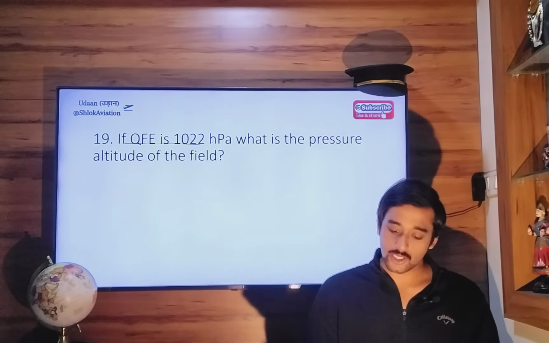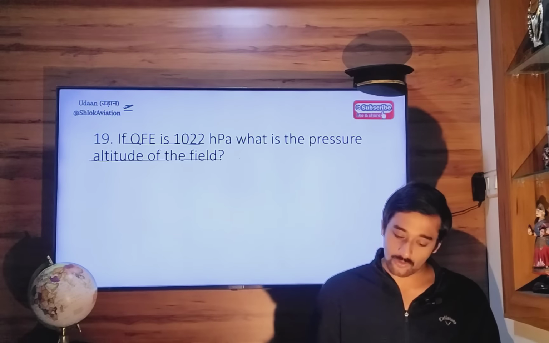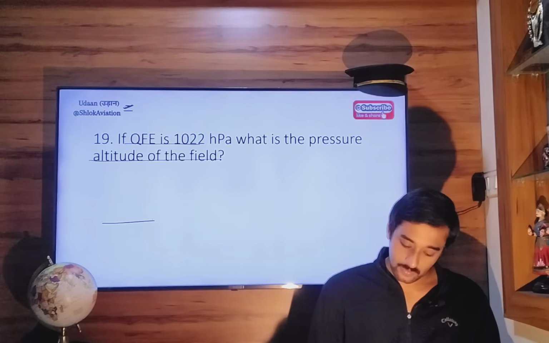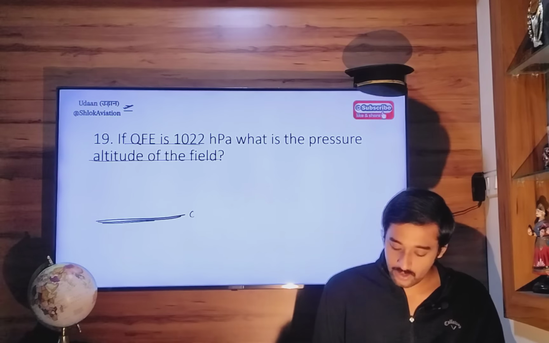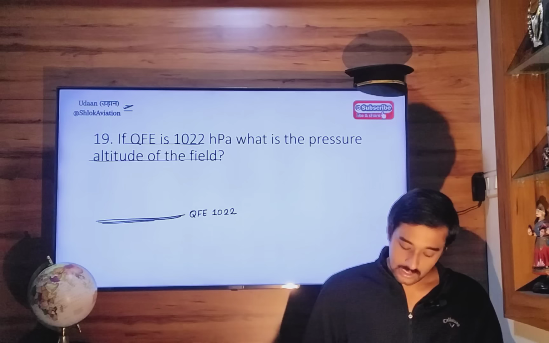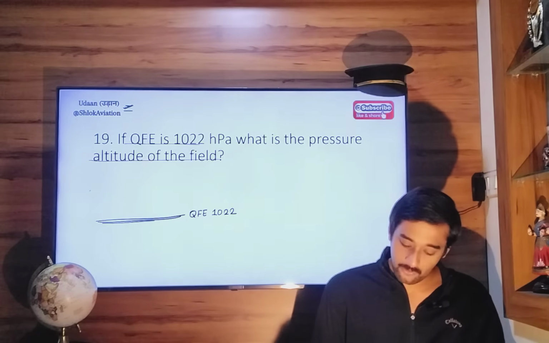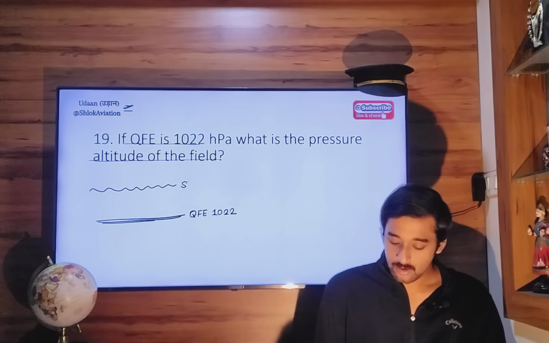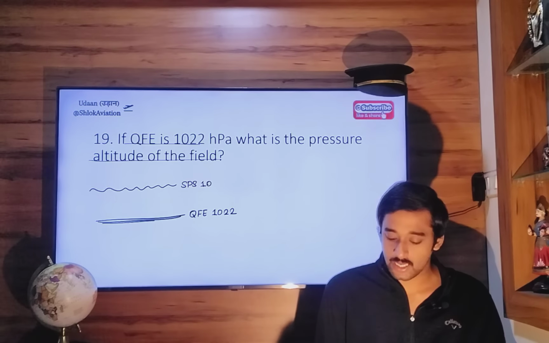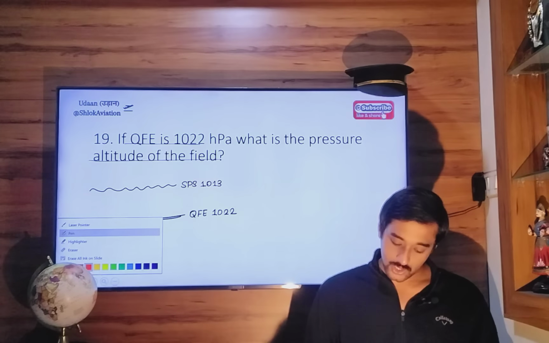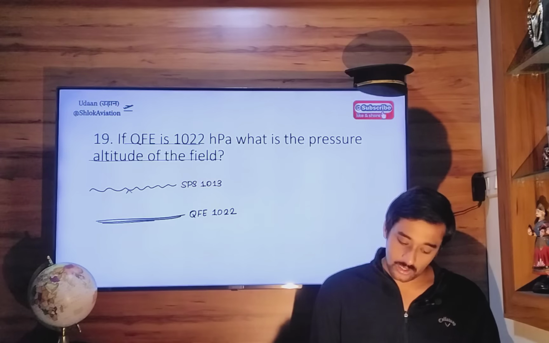Next, QFE is 1022. What is the pressure altitude of the field? QFE is aerodrome level pressure. QFE is 1022. The standard pressure setting 1013, which is less than 1022, will be found above that pressure level, because when you go to higher altitudes, pressure decreases.